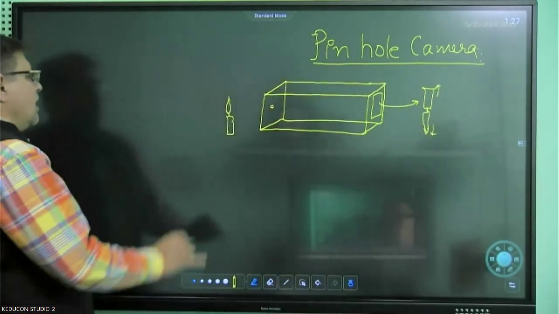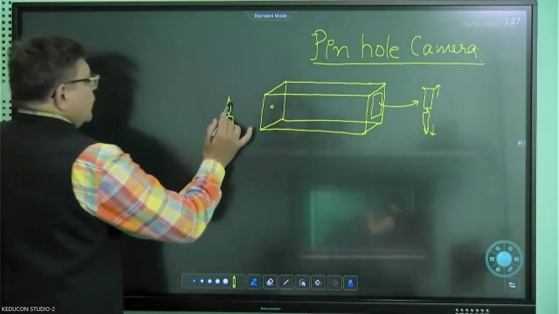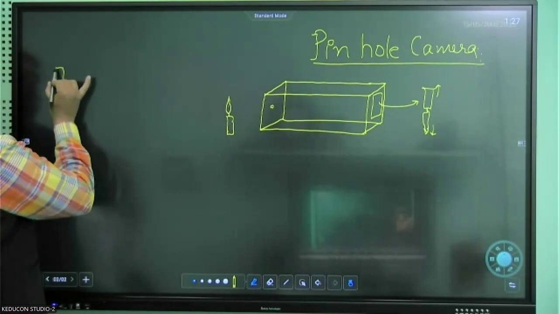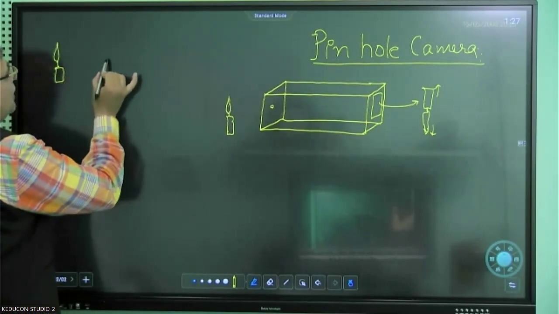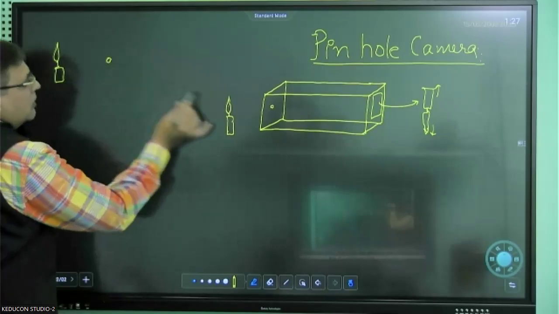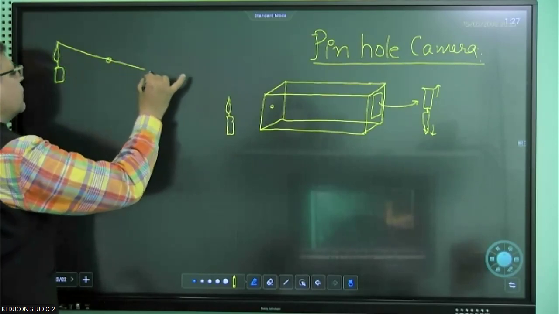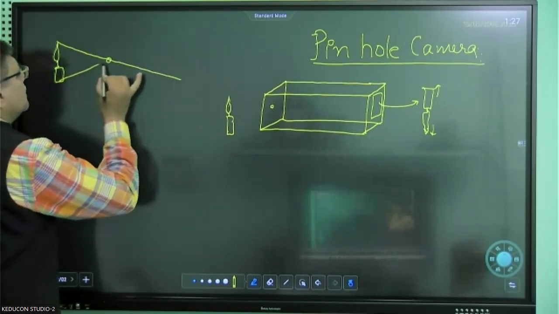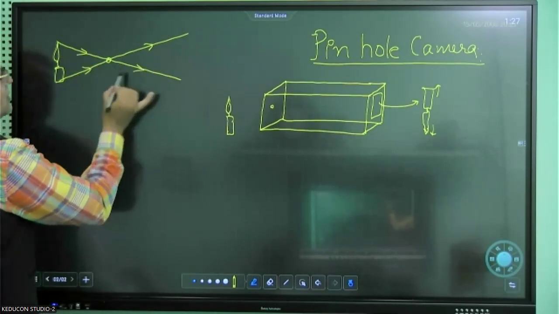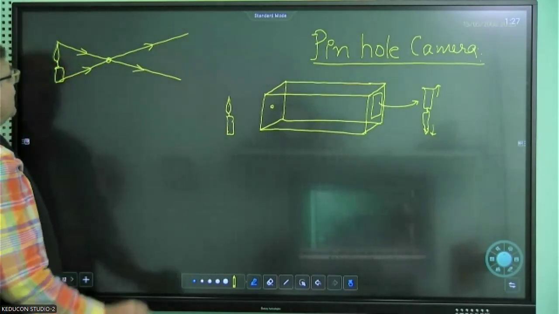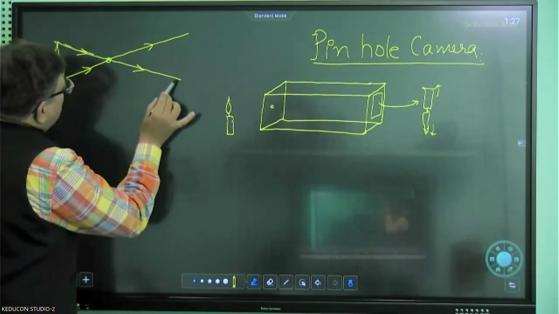Okay, how is this obtained? Let me tell you. From this candle, the rays of light will go, and here is this particular hole. Light will pass from this hole this way. Rectilinear propagation, straight line. And you see, this particular ray of light is coming from the tip of the flame.